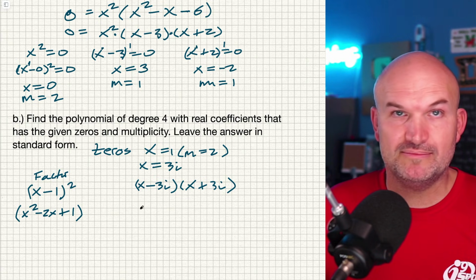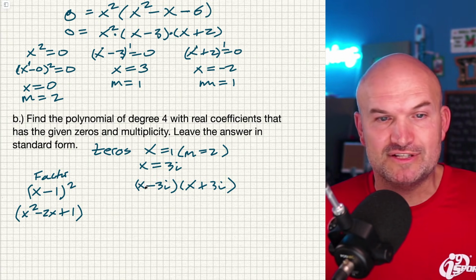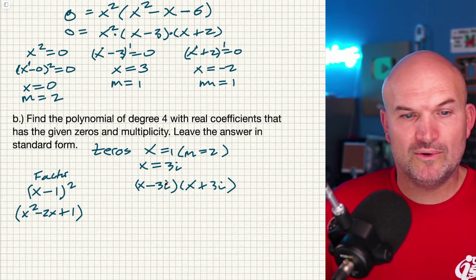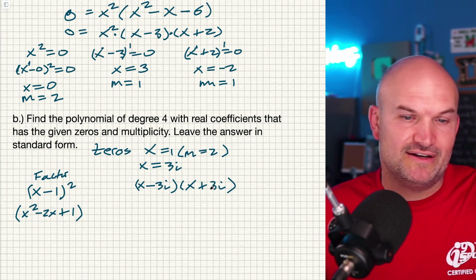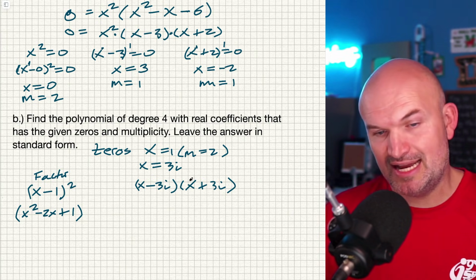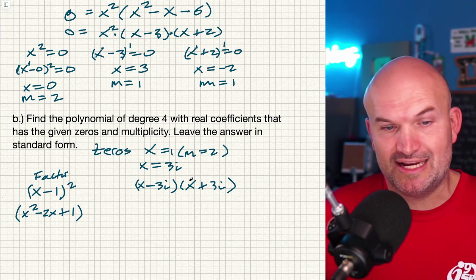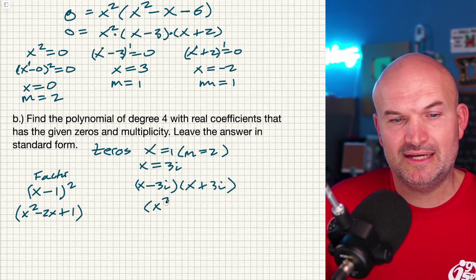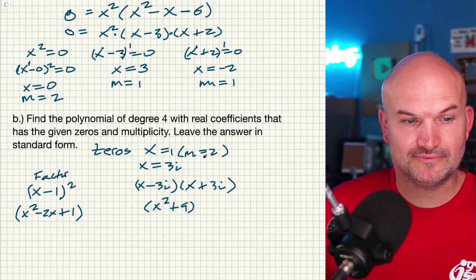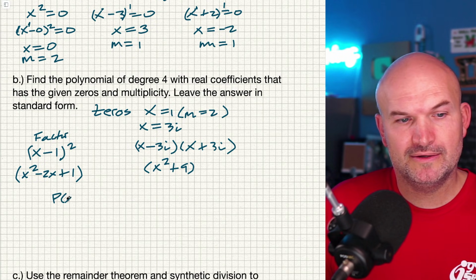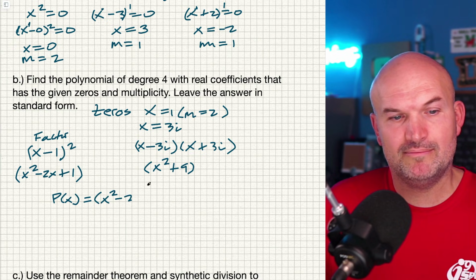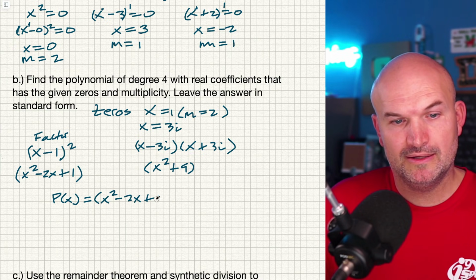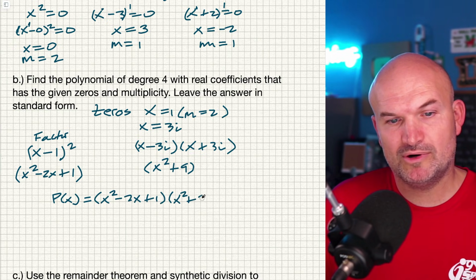Now we need to multiply this, and hopefully you recognize this is a difference of two squares. Minus 3i times plus 3i is minus 9 times i squared, which is minus 1, so therefore this gives me x squared plus 9. So now my p of x, which I'm going to call my polynomial, is going to be x squared minus 2x plus 1 times x squared plus 9.